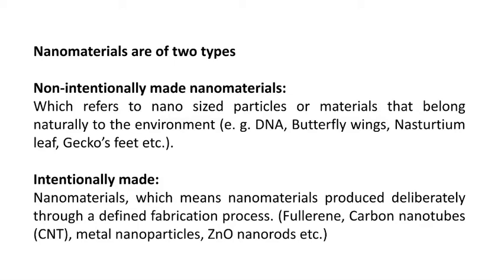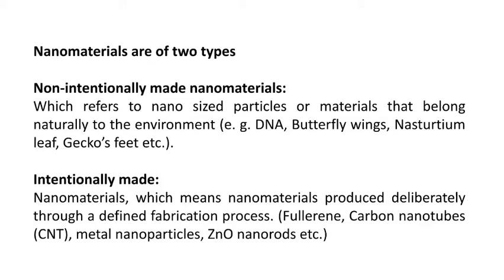The second thing is intentionally made. So we have an intention to prepare these nanomaterials in the laboratory for various applications. So these are nanomaterials which are produced deliberately through a defined fabrication process.